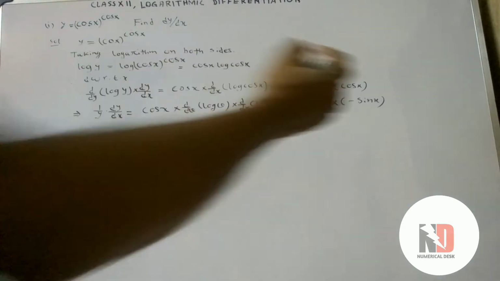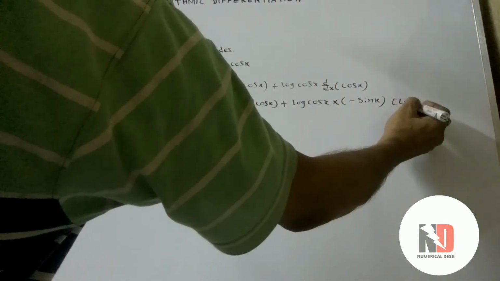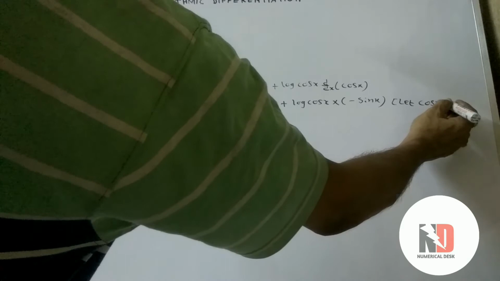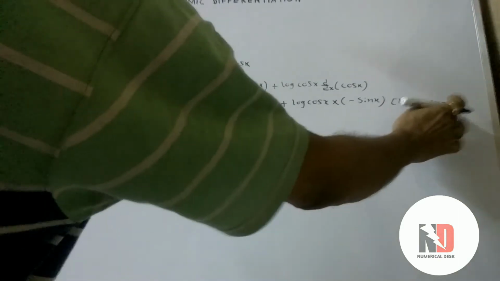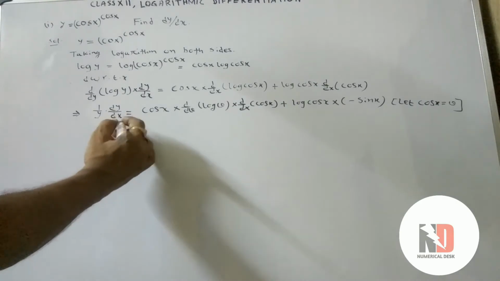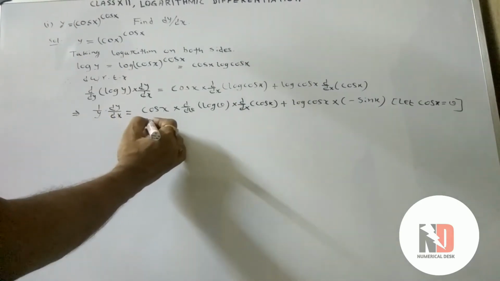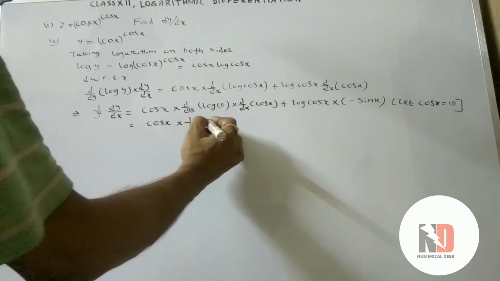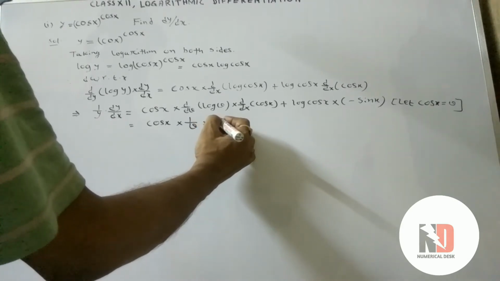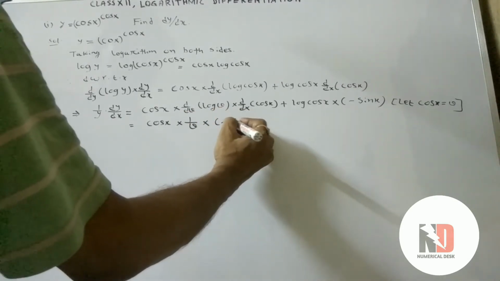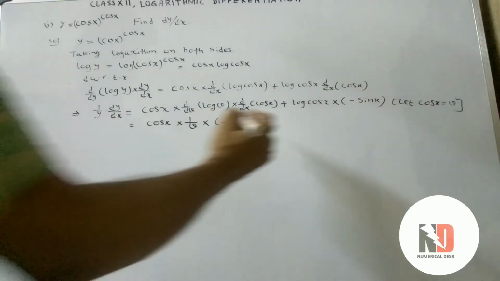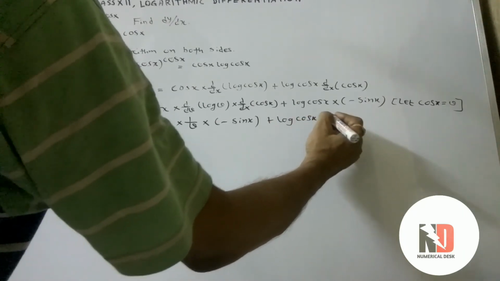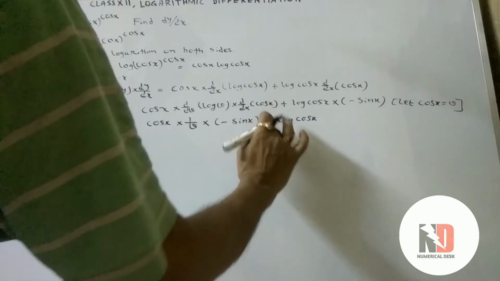Now v equal to cos x, we assumed for this that v equal to cos x. Fine. Now it is cos x into 1 by v into minus sin x, plus log cos x into minus sin x.